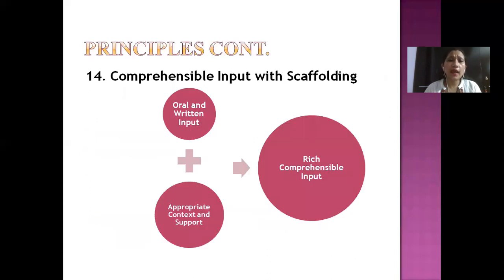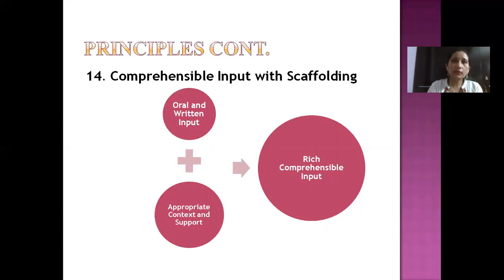The next principle we have is the principle of comprehensible input with scaffolding. According to this principle, language learning becomes more effective when teachers provide rich input with appropriate context and support to make that input comprehensible to learners. That is, oral and written input need to be adapted in a variety of ways to make it understandable to learners.